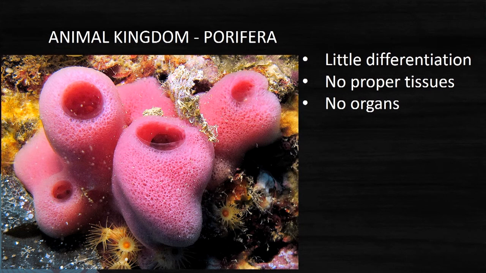So let's have a look at the animal kingdom. First of all, the simplest phylum in the animal kingdom is the Porifera, where there really isn't much differentiation. There's no tissues, there's no organs. It's basically just a blob. Very, very simple.